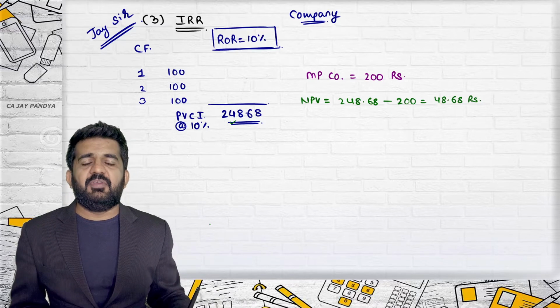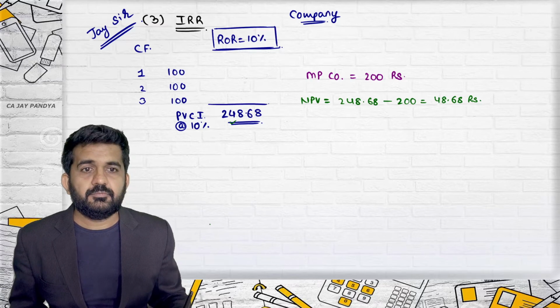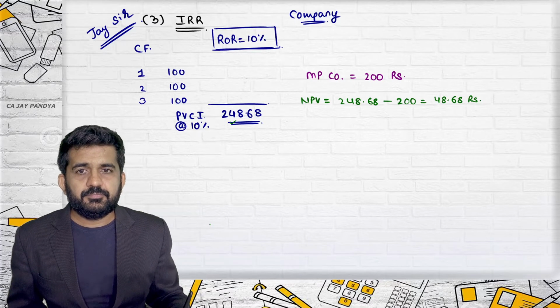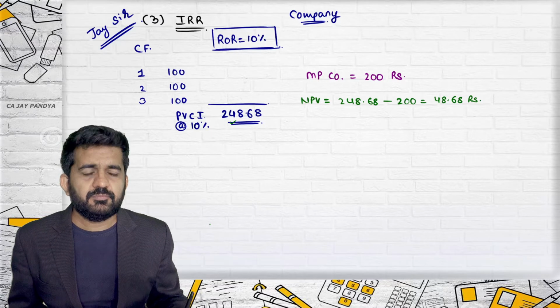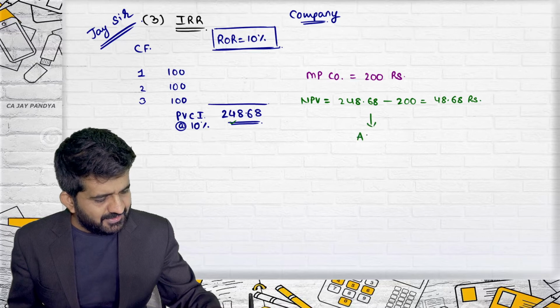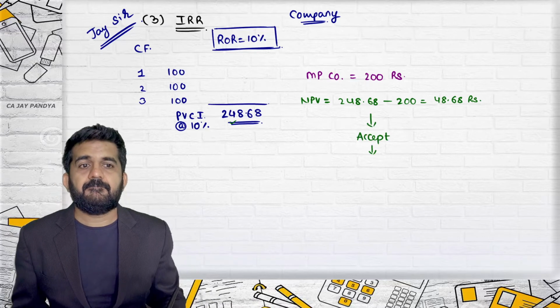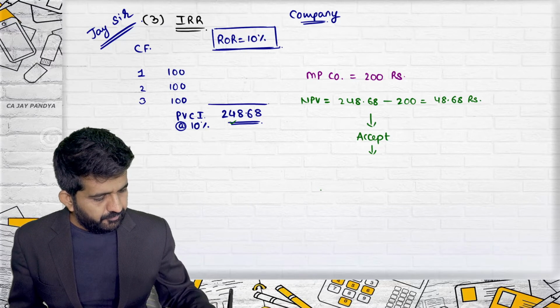Drashti, as per NPV, whether you will accept the project or not? I think you are not audible. Can you be louder somewhat? Accept the project. Can you tell me, Drashti, why? The market is undervalued and we will be getting the required rate of return.